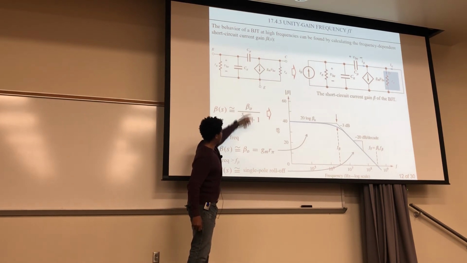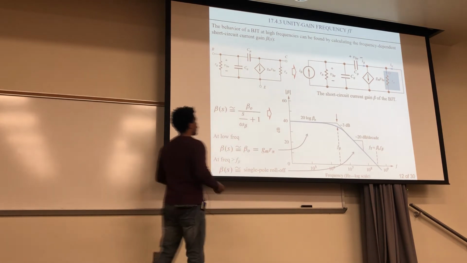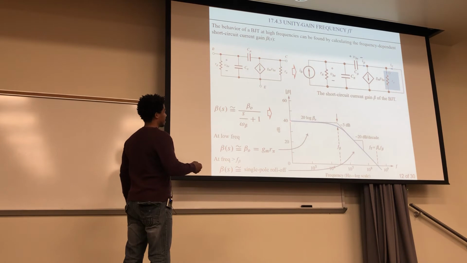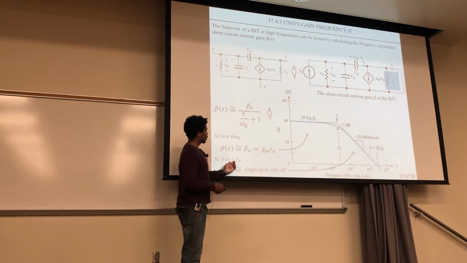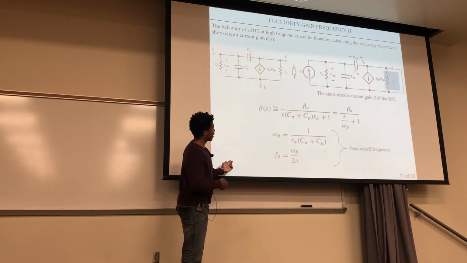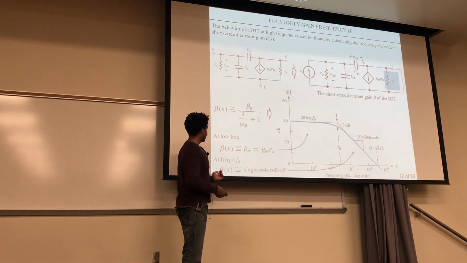Okay? And then at higher frequencies, greater than your beta cutoff, right? This is your beta cutoff frequency right here. Then it looks like a single pole roll-off. And of course, that's 1 order, so it's 20 decibels per decade.